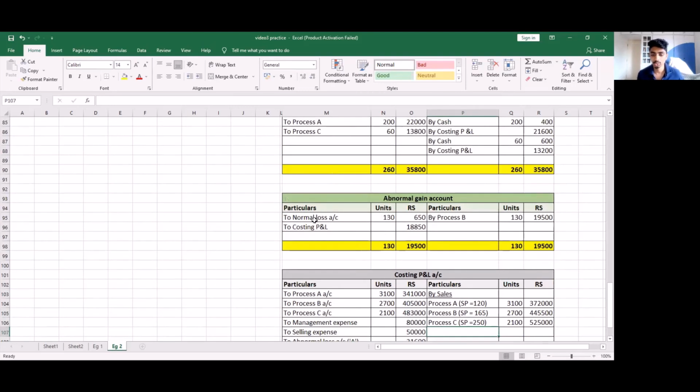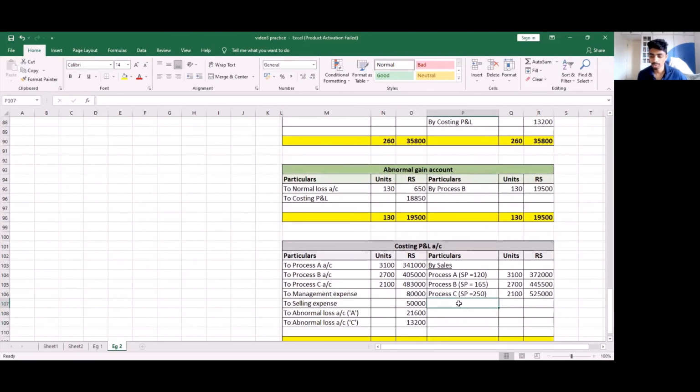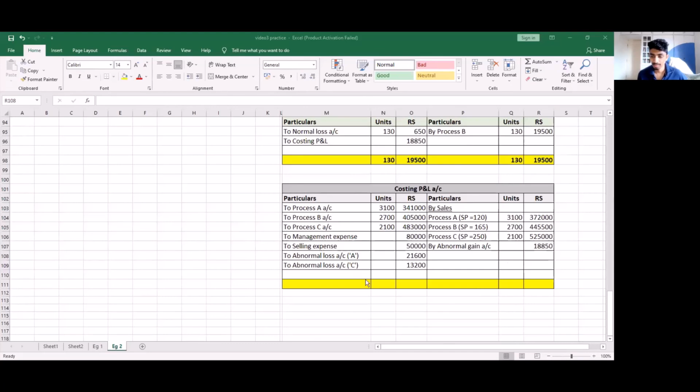Next, we also have a to costing P&L in our abnormal gain account. So this will be shown as by abnormal gain account. And this is for process B, and our value will be 18,850. Now, let's sum both sides to see if we have a net loss or a net profit.